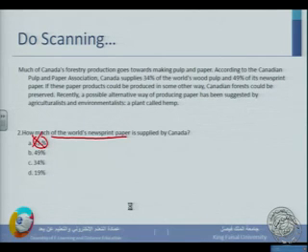Okay, I go to the second one, 49. I found it. 49. What is 49 talking about? Of its newsprint paper. Then 49 is correct. See? I take the answers.